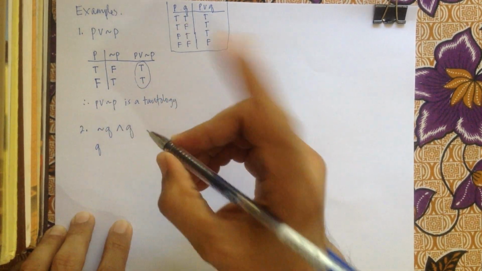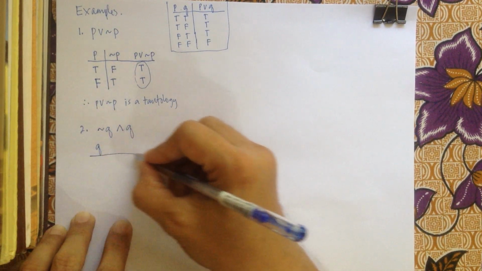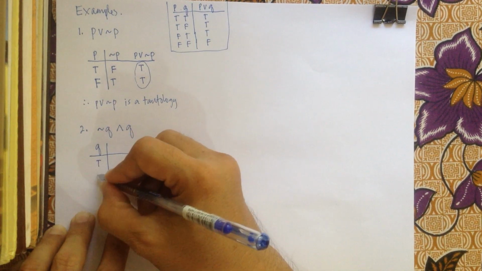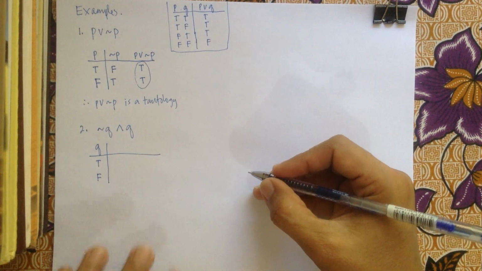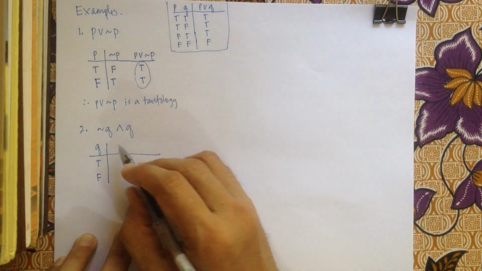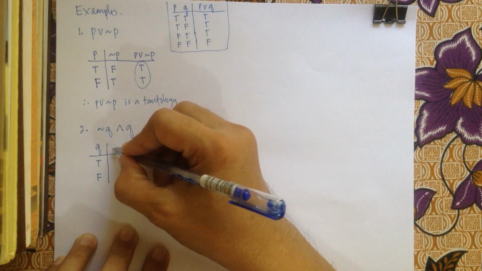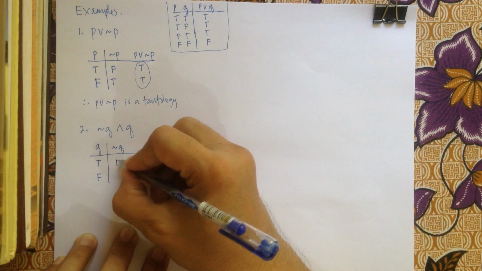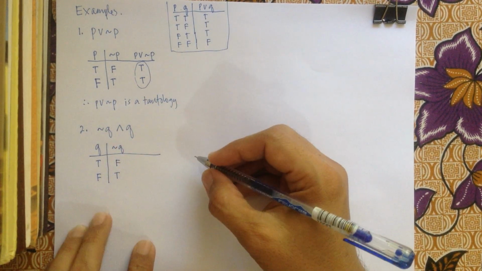We have only one propositional variable, and that is Q, so in your truth table you only have two possible truth values for Q, that's either true or false. Then the propositional form consists not only of Q but also negation of Q, so we indicate here the negation of Q. Again, this is false because Q is true, and this is true because Q is false.